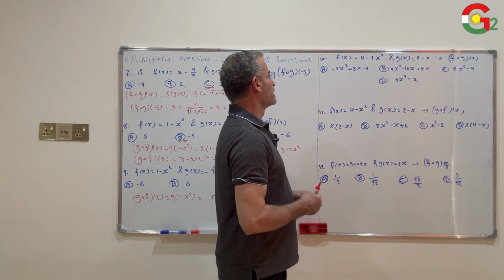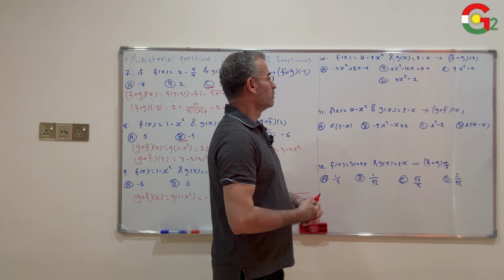Question number 10. F of x equals 4 minus 2x squared. G of x equals 2 minus x.